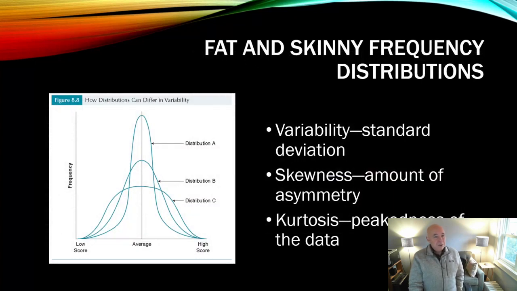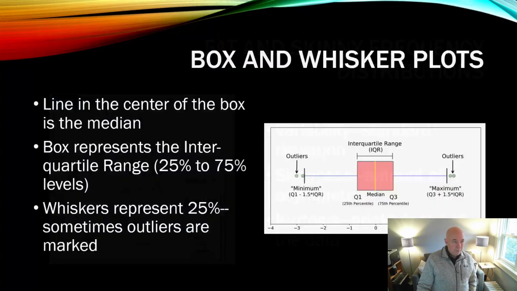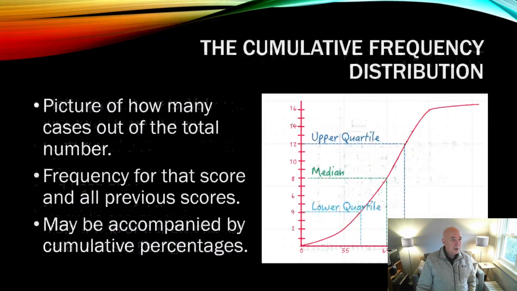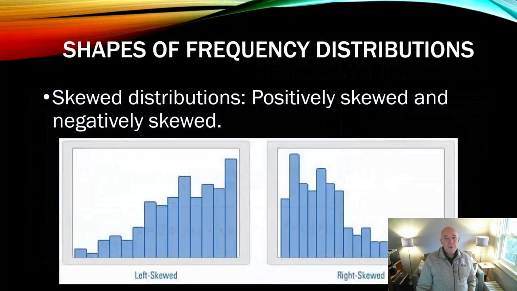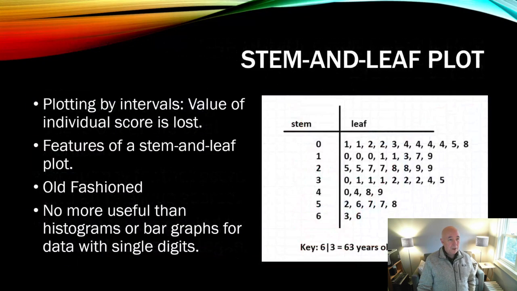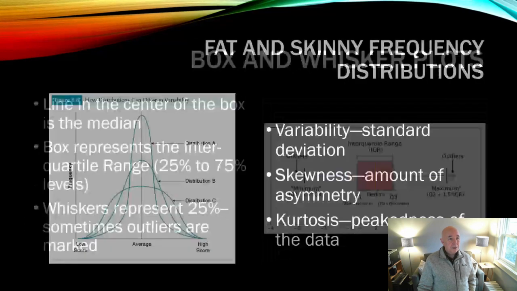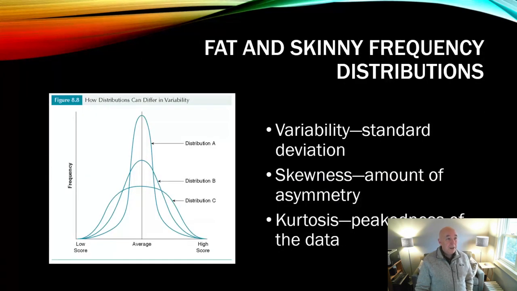But your distributions don't always have the same shape either, and so we want to talk about that. We talk about skew, and we can actually measure the skew. But here, it's not skew.